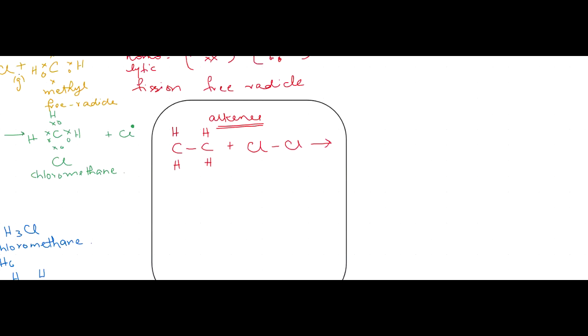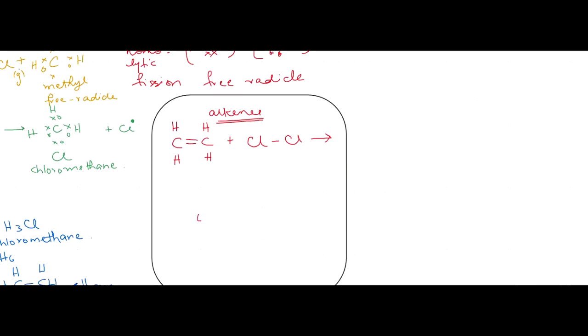The main thing you have to understand is this. In this case, what is going to happen? The double bond between carbon and carbon is going to break. Okay. So if I draw for you the dot cross diagram, it's going to look like this.